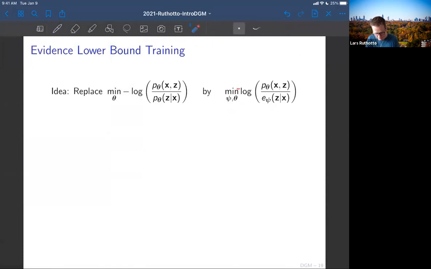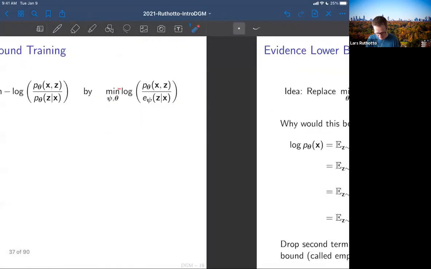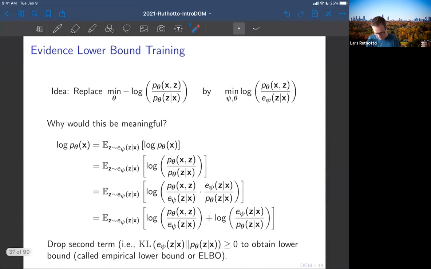So now what happens if we did this? Here's a computation to show you why this would be meaningful, and I want to go through this. If I have the log likelihood of the sample, I'm not changing anything if I put an expected value around it with respect to Z that does not really appear before.